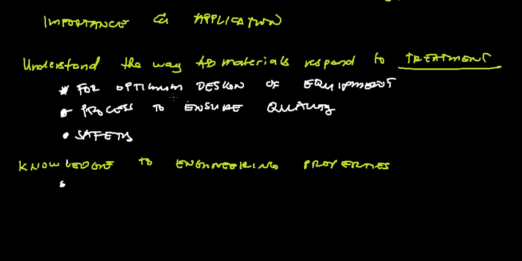So aside from understanding how they respond to treatment, knowing the engineering properties of those AB materials is very important, especially in providing basic data for processing and unit operation.